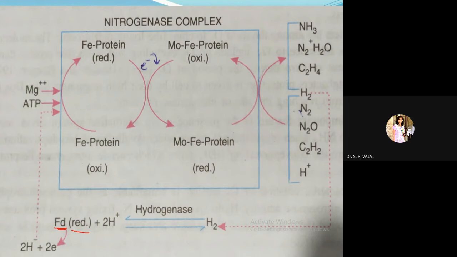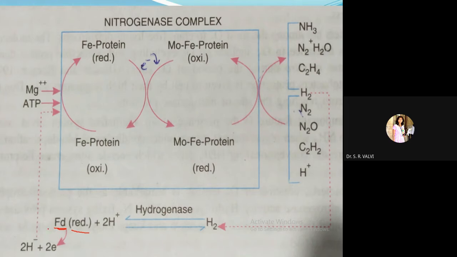When ferredoxin is in reduced form, it has electrons and gives electrons. As it has the electrons, it gives them further to this nitrogenase complex.